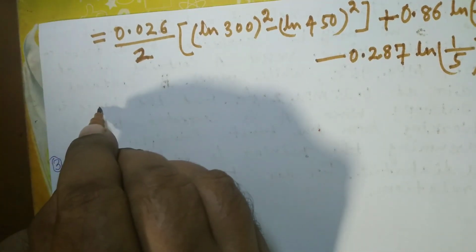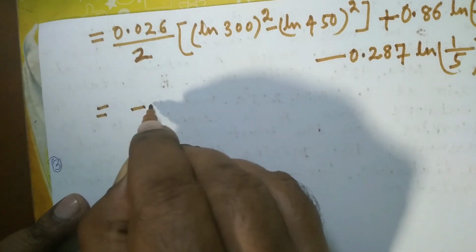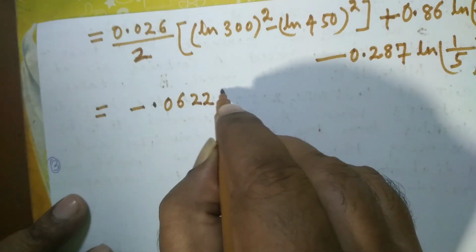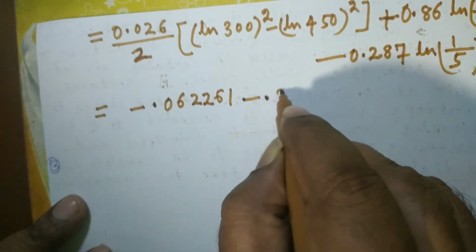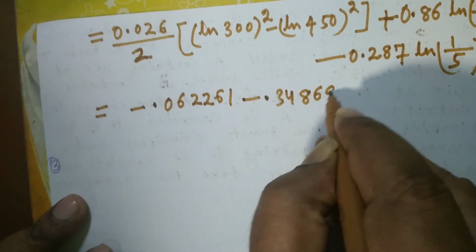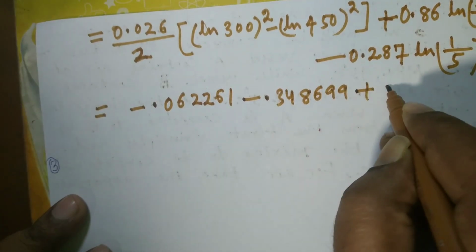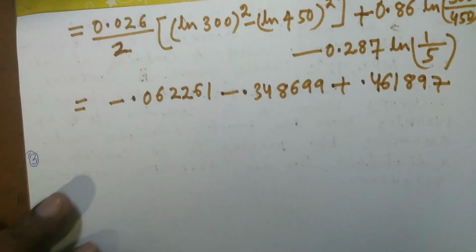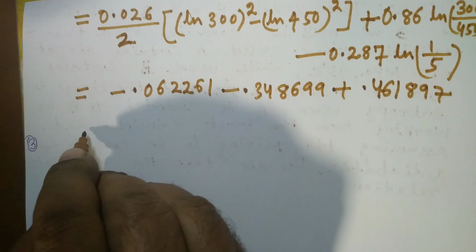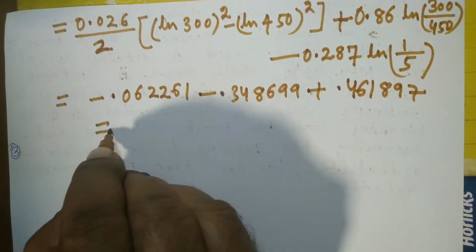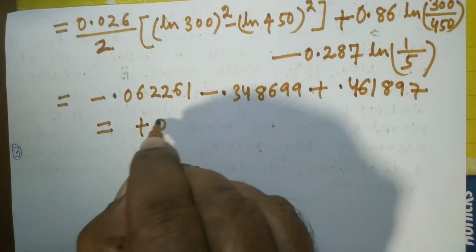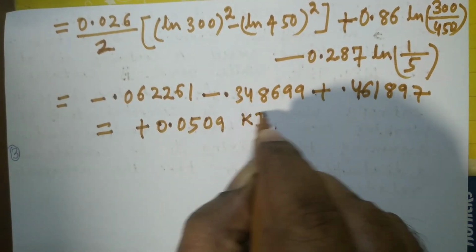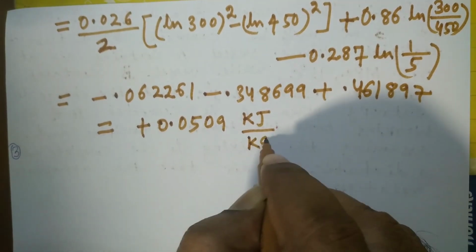So this is minus 0.062261 minus 0.348699 plus 0.461897. This becomes plus 0.0509 kilojoule per kg Kelvin.